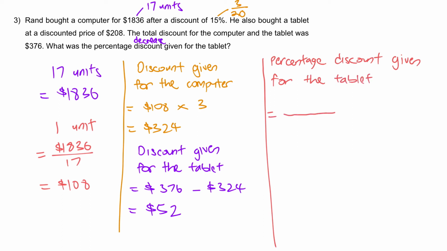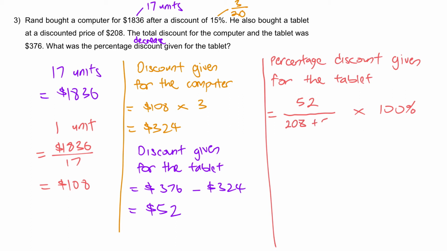So there's a fraction times 100%. What we need to do is to write down the discount amount here and the original amount here. So discount amount $52. What is the original price for the denominator? 208 plus 52 to get the original.